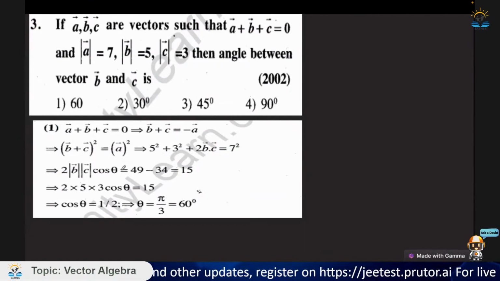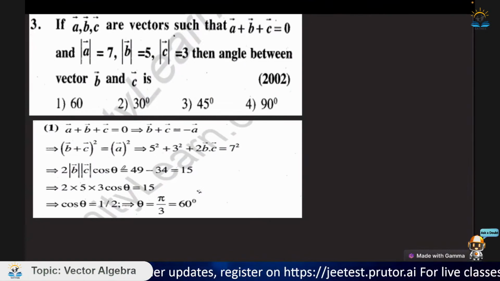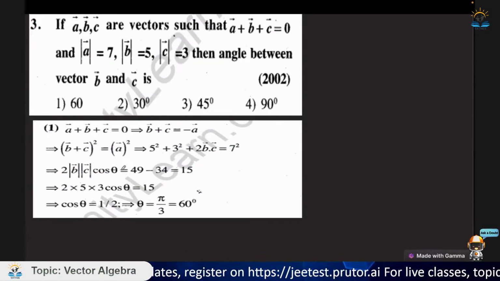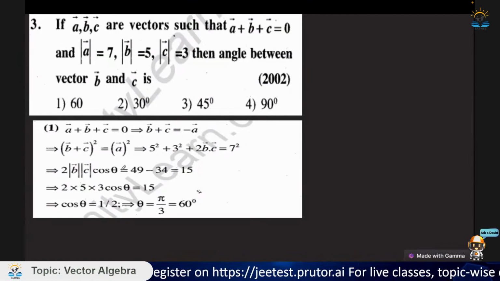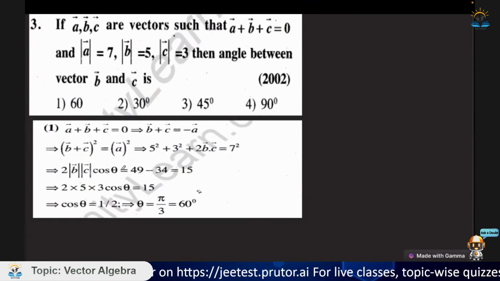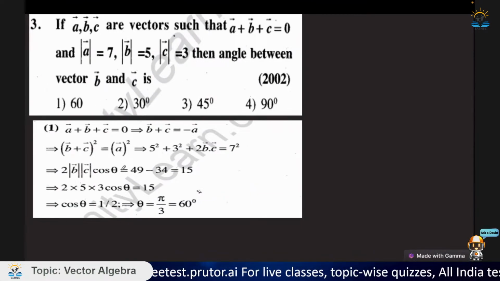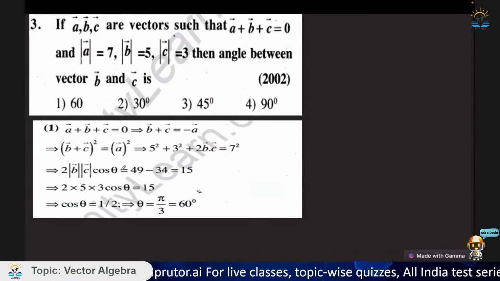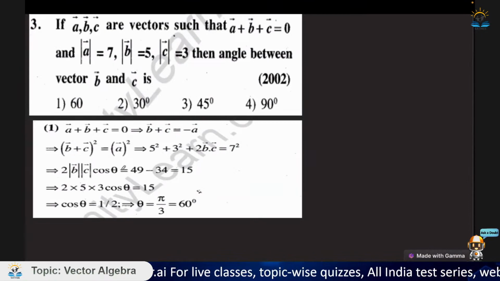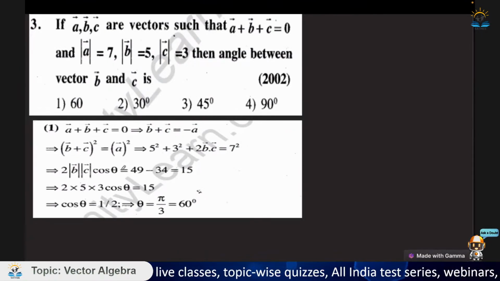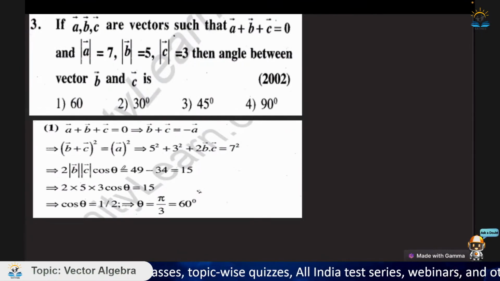So O is the origin and A, B, C are the position vectors of A, B and C respectively. So the volume of the tetrahedron is 1/6 box of ABC. So till now we have just learned the formulas. Now we'll see how to apply them.